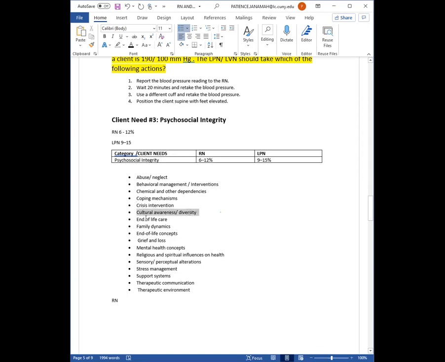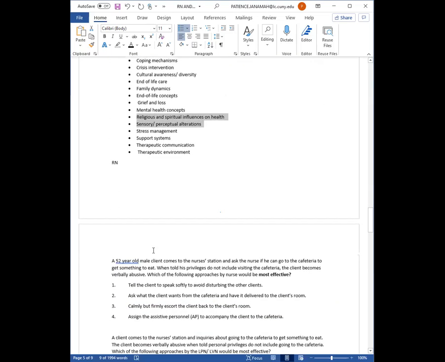I tackled this topic before. End of life care, family dynamics, end of life concept, grief and loss. That's the stages of the grieving process. So if they present to you, they'll tell you a patient is this and that. What will you tell the patient? We have the mental health concept, religious and spiritual influence on health, sensory or perceptual alterations, stress management, support system, therapeutic communication, and therapeutic environment.